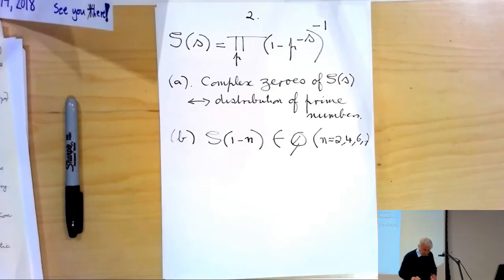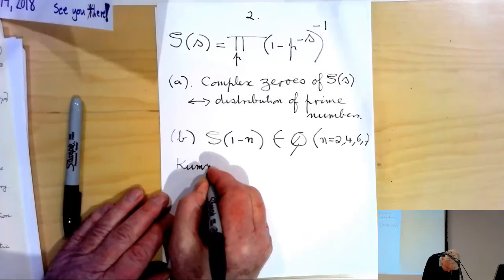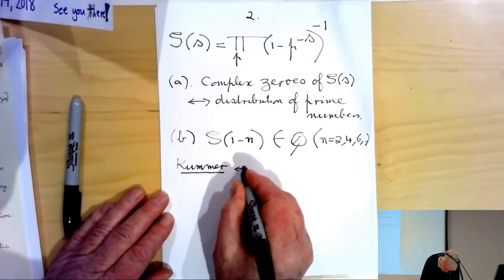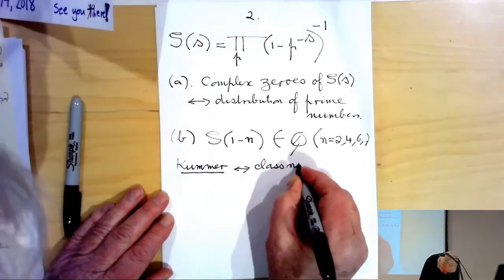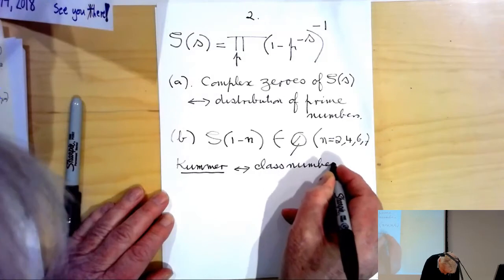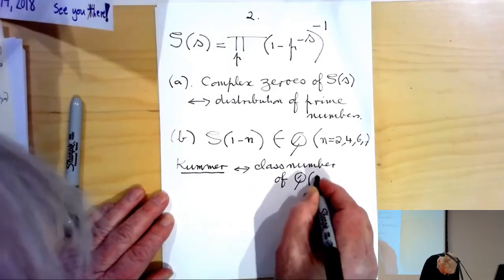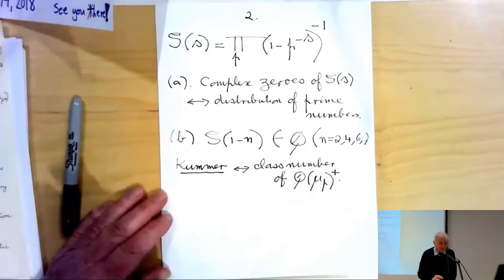And Kummer was the first person to realize that they were deeply concerned with the p part of the class number of the field Q adjoined the p-th roots of unity, and then take its real subfield.